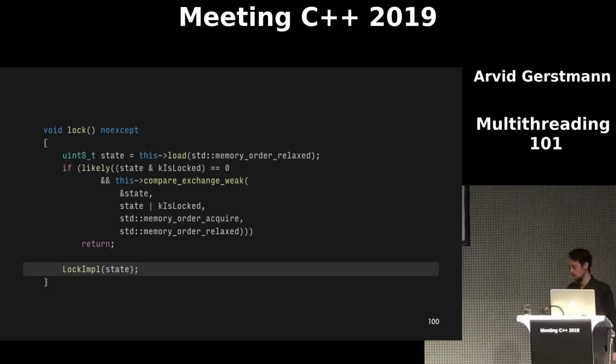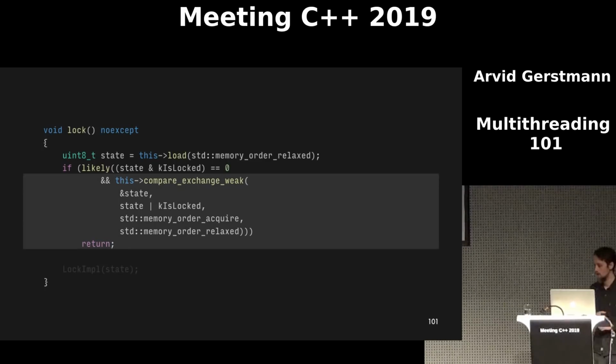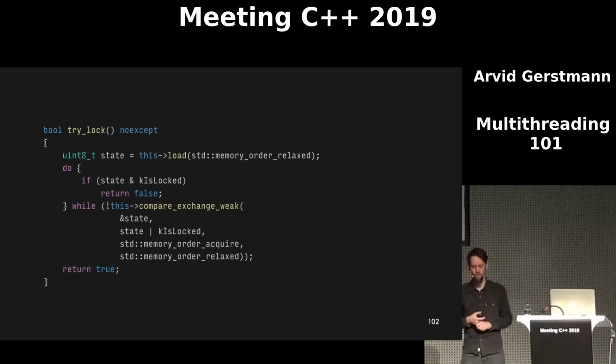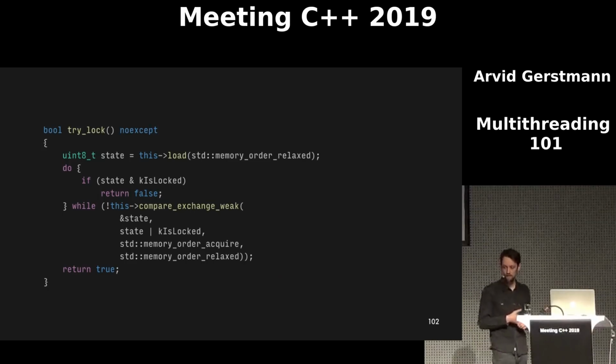This means in the case there's contention, where the lock is currently already locked, we will need to look into lock impl to actually implement the locking mechanism with our parking lot or our futex implementation. We will look into lock impl next. But first, let's have a look at try lock, because try lock is pretty much the same thing without the lock impl.